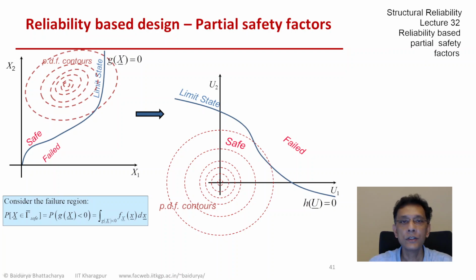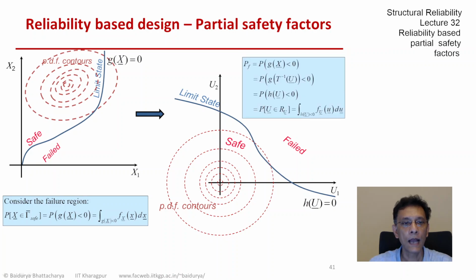The limit state g(x) equals 0 maps to the limit state h(u) equals 0 in the u space, and the failure region likewise maps from the x space to the u space, and the failure probability, which is P of g(x) less than 0, now, because of this transformation, is the probability content of some other region in the u space.